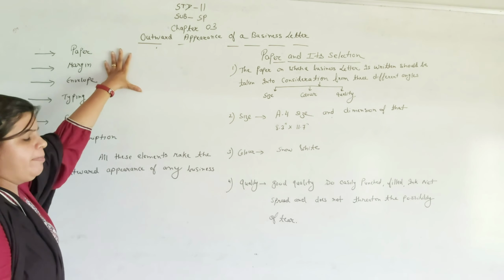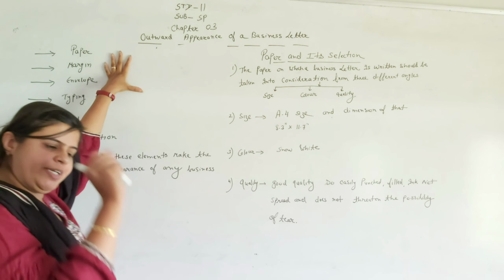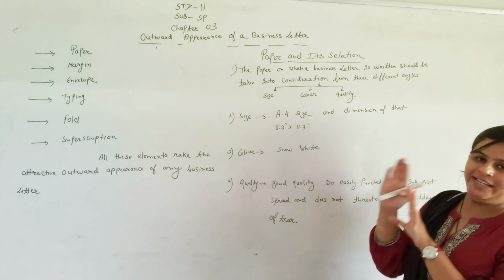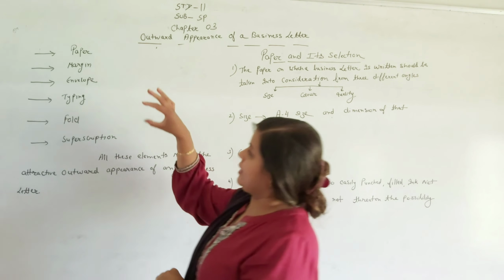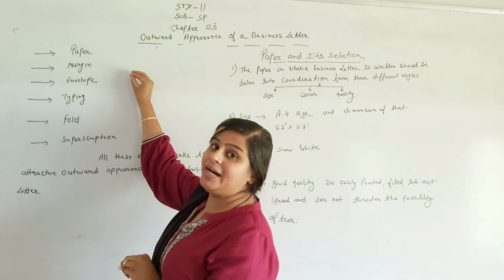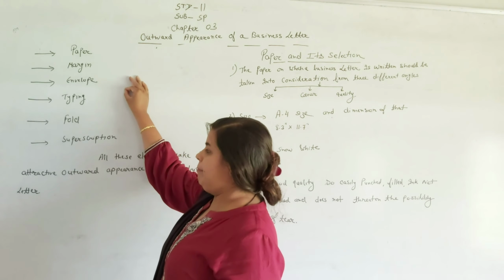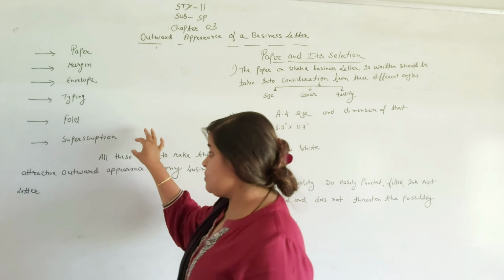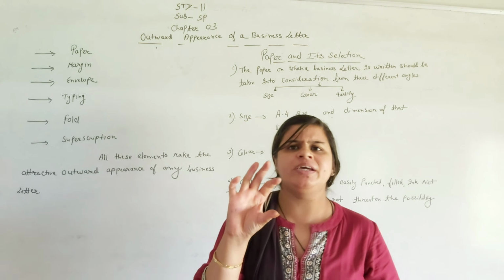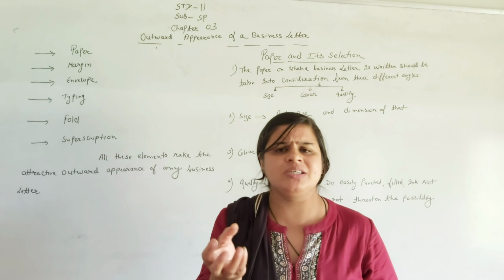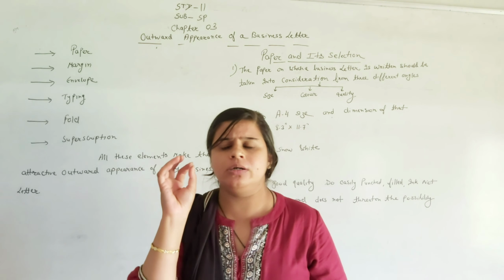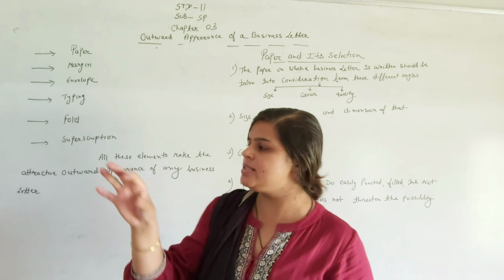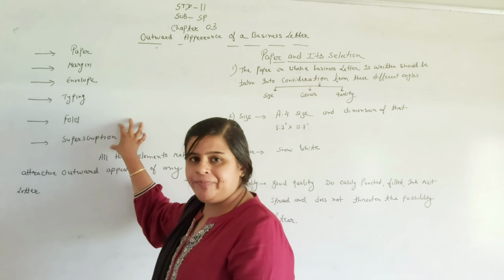There are certain elements which we discuss in detail and in brief: the paper, the margin, the envelope, the typing in the letter, the fold of your letter, and the subscription. Subscription means when we type the addresses of the receiver and sender, the pin code, and other necessary information, which are included in the subscription part.